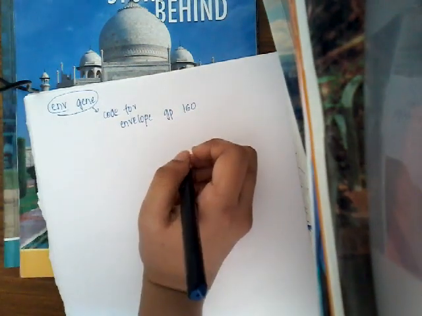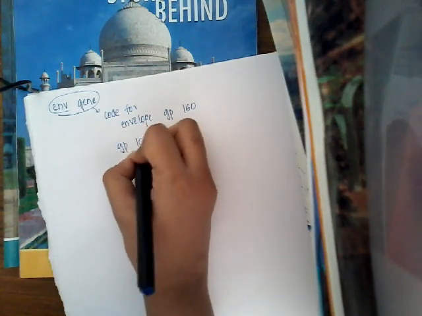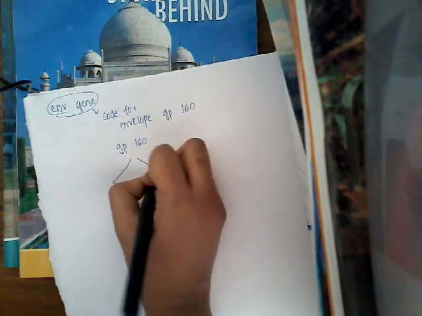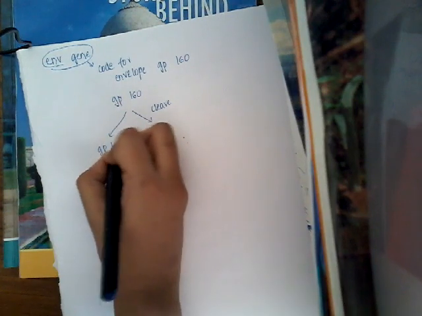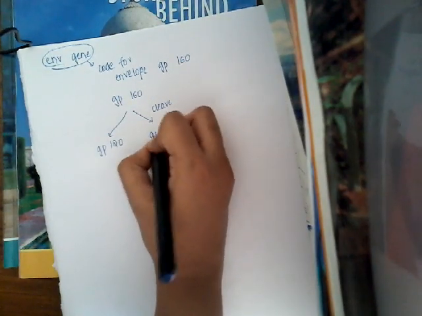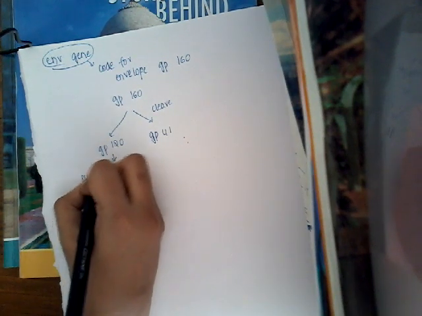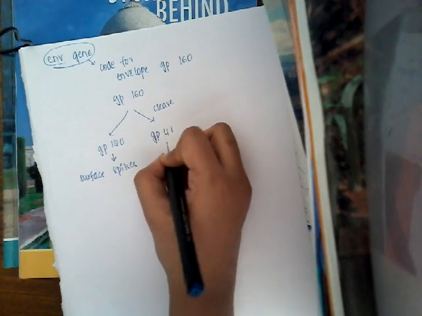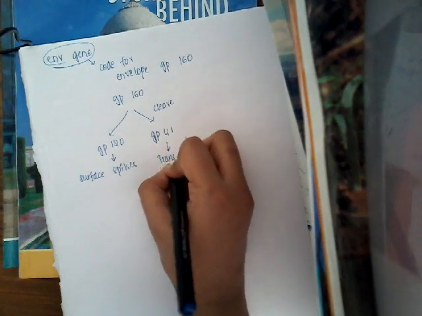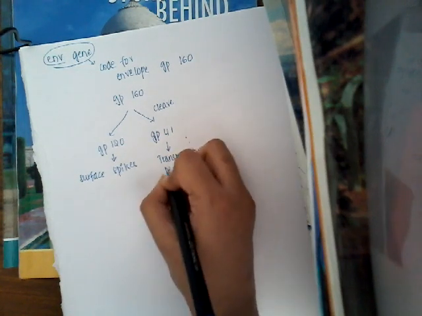This glycoprotein 160 cleaves into two components: glycoprotein 120 and glycoprotein 41. Glycoprotein 120 forms surface spikes, whereas glycoprotein 41 forms the transmembrane protein.